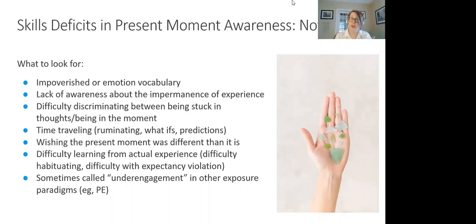Teaching how to be present is a great antidote to that covert avoidance, because you're teaching someone what to do, right? How to be present. And in PE protocols, in that prolonged exposure paradigm, we would think about that as under-engagement, right? Not being here, being away, white knuckling.